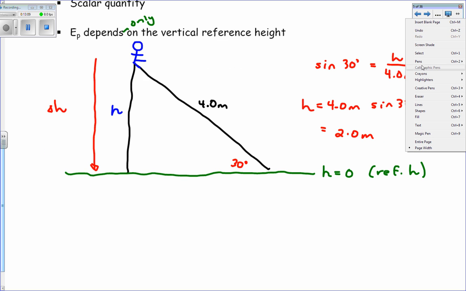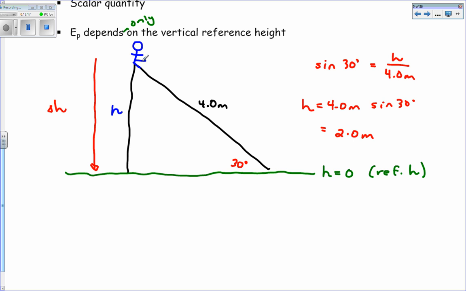So what I'm trying to illustrate here is that the change in potential energy has nothing to do with his movement down the 4 meters. So this movement going down here from the top of the hill all the way down to the bottom, that doesn't matter. The 4 meters that you traveled doesn't matter in terms of potential energy. What only matters is his change in height.